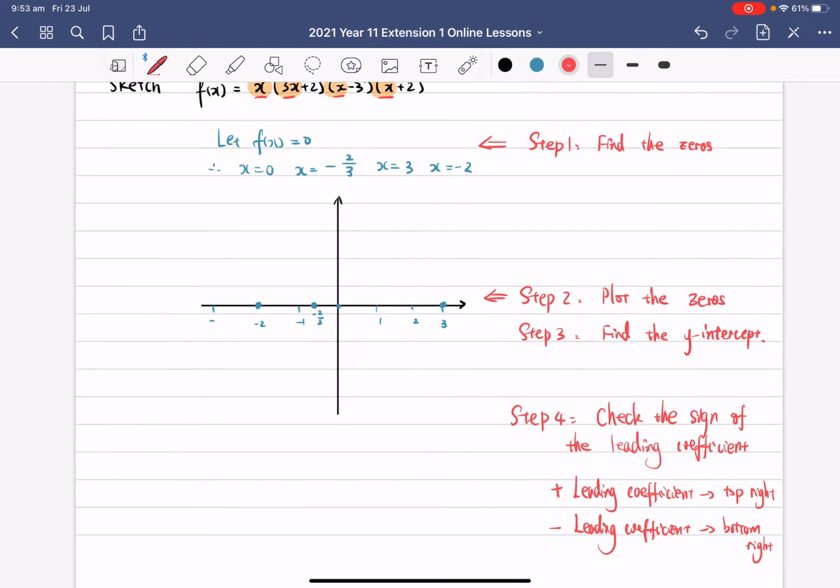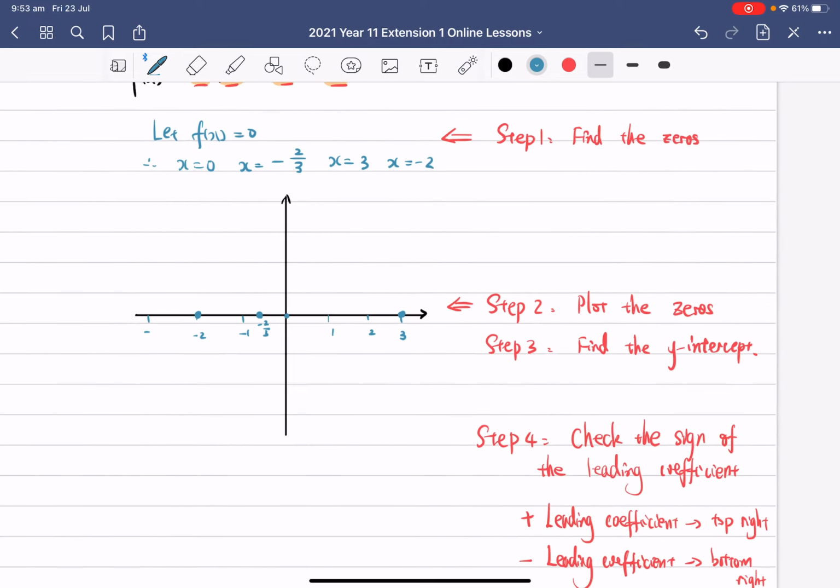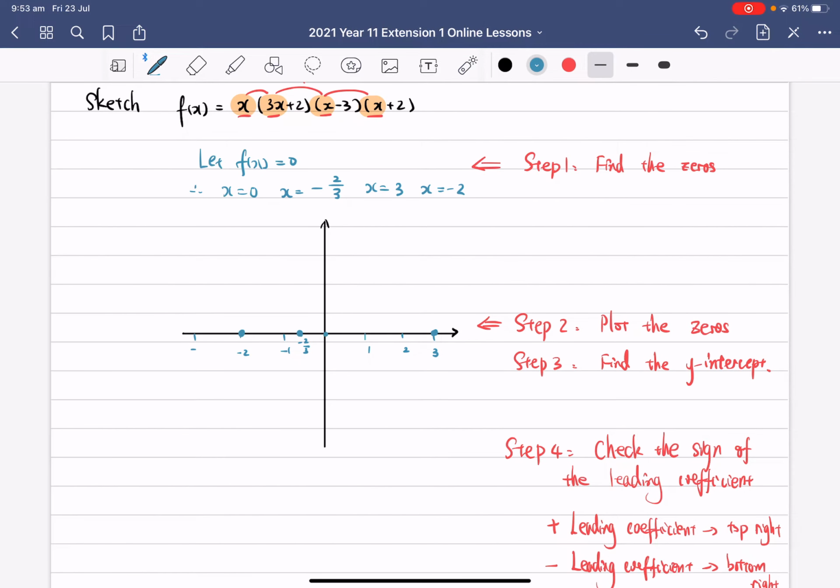The graph is going to start from the top right, passing through the point 3. So first passing through this point, and it goes downwards until it turns back and passes through the point 0, and coming back again, passes through the points of -2 and 3, and eventually passes through the -2.